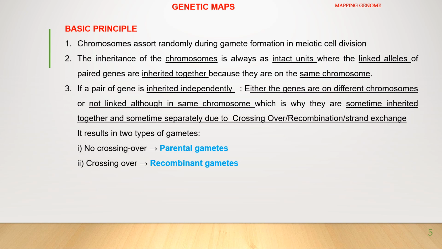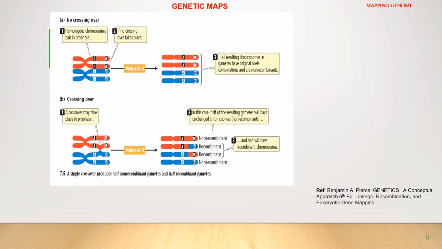That is, the genes are unlinked. Thus, during gamete formation, two types of gametes are produced: one, parental gametes, and second, recombinant gametes formed due to crossing over. The figure here shows chromosome segregation during meiosis in case of crossing over as well as without crossing over.